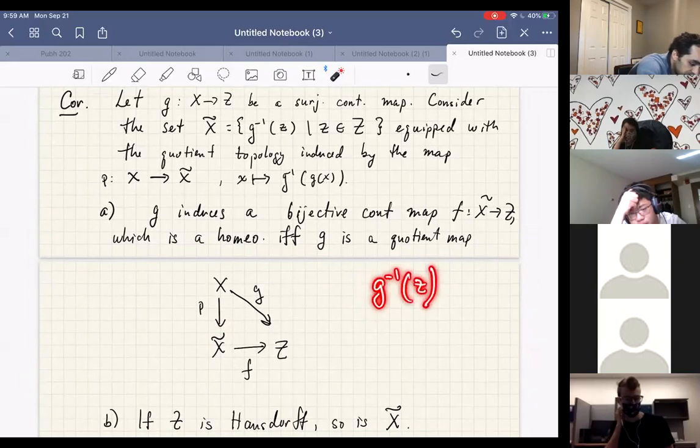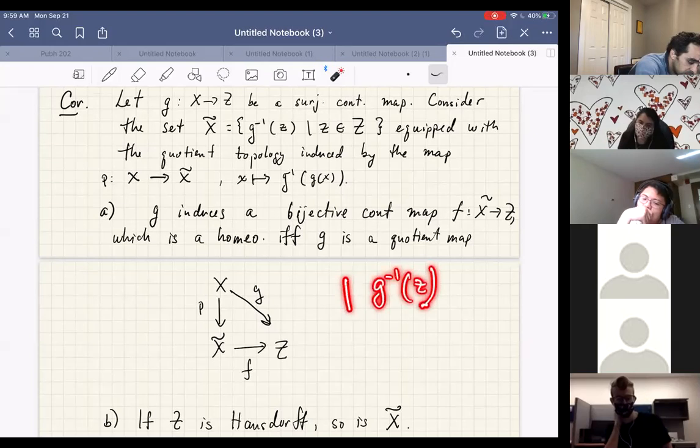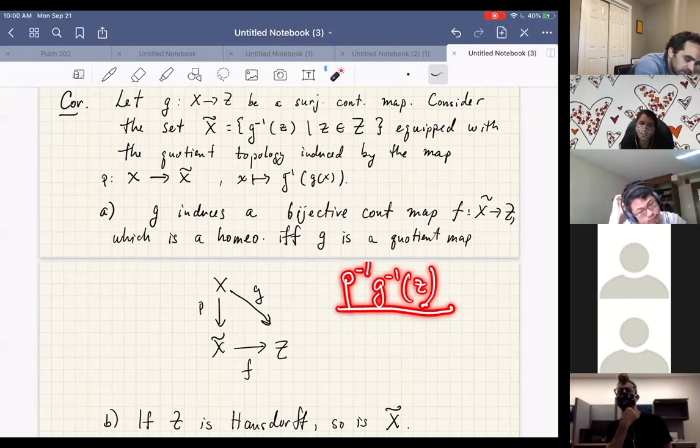These are the points in X tilde, right? All these subsets are points in X tilde. So what is P inverse of this point? This should be a collection of points in X, right? So can anyone describe what these points are?